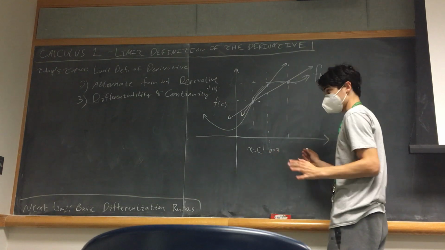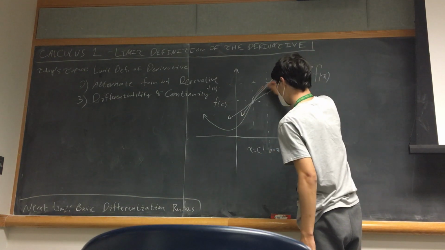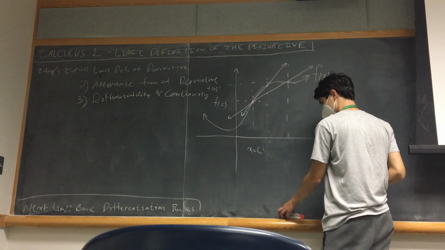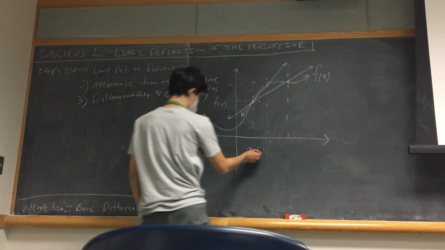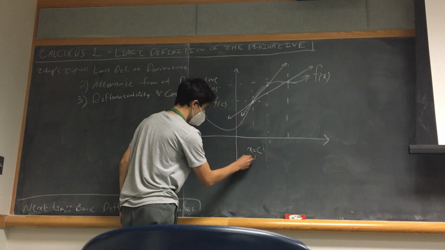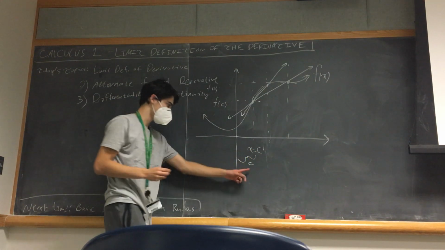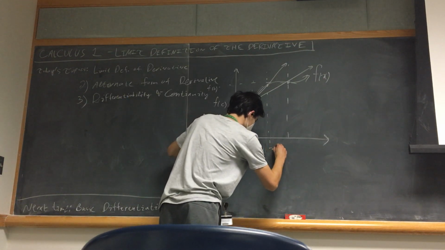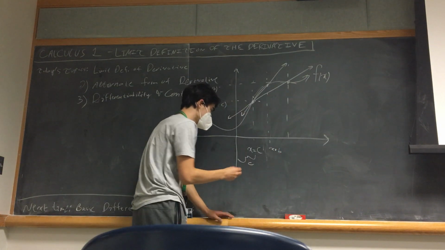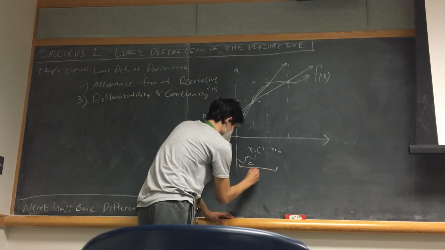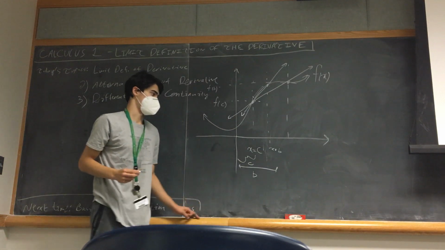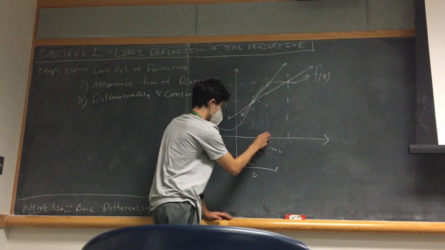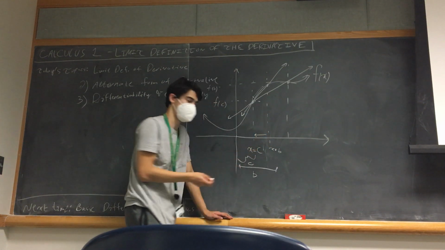But first things first, we've got to figure out where the points are. So let's say this here is our point b, right? So let's start by saying that x equals c is c units from the x-axis. So then this point here, x equals b, is b units from the x-axis. But we want to keep making this b get closer and closer to the point x equals c.